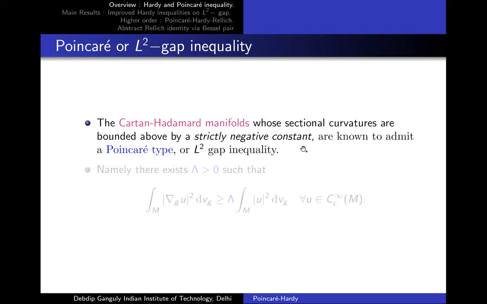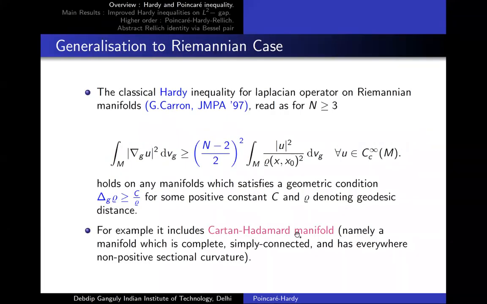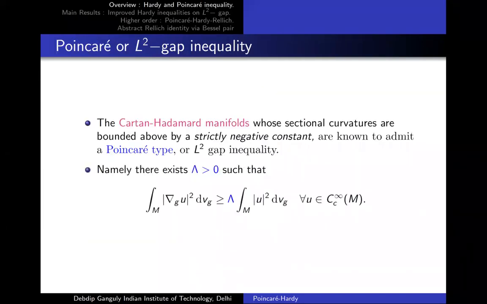So for a Hadamard manifold, you can allow curvature up to 0, but for a Poincaré inequality you have to be bounded above by a strictly negative constant. So let us take a particular example. That is a hyperbolic space. That means one whose sectional curvature is the constant -1 or -c. That's not a problem. You take -1.